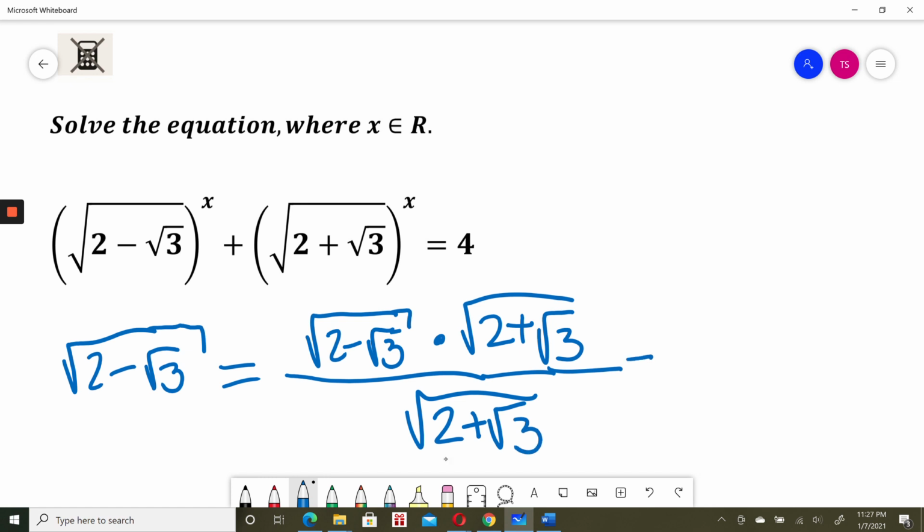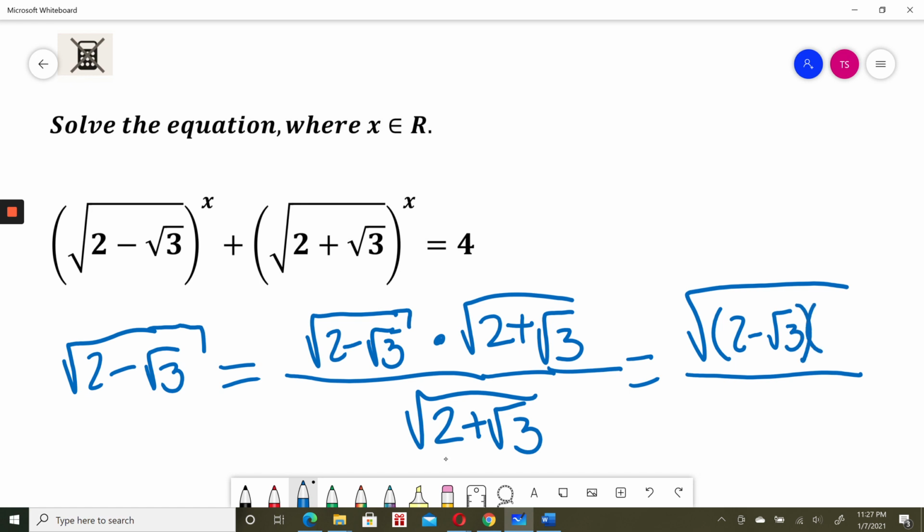My numerator is the square root of the product of the two numbers, 2 minus square root of 3 and 2 plus square root of 3, and the denominator is just the square root of 2 plus square root of 3.